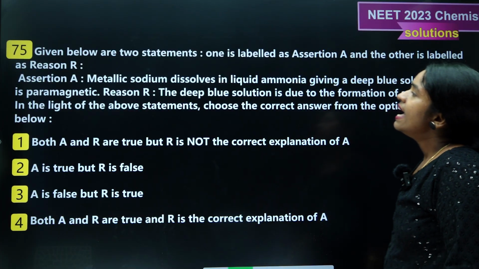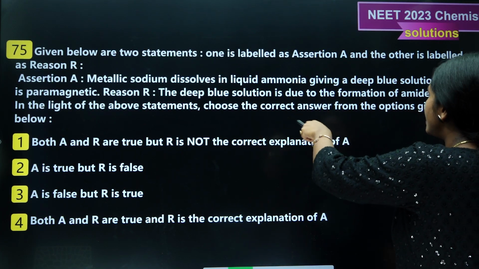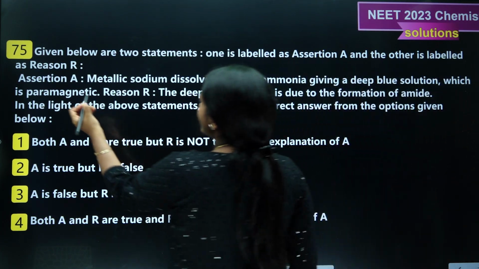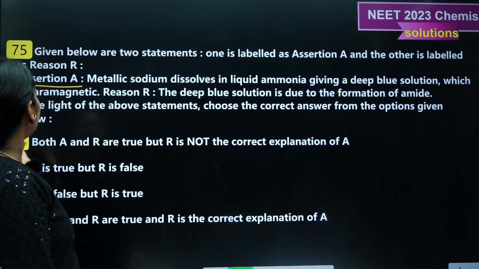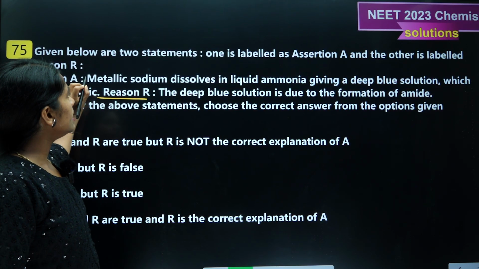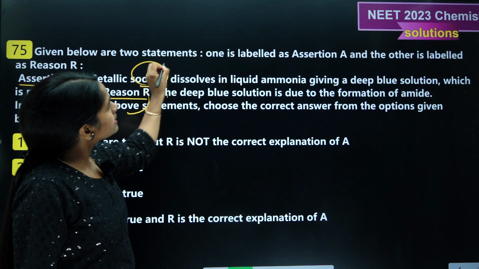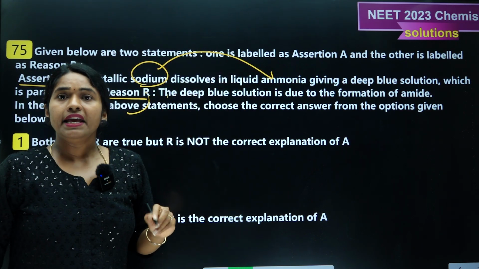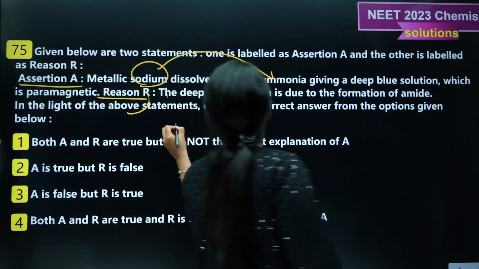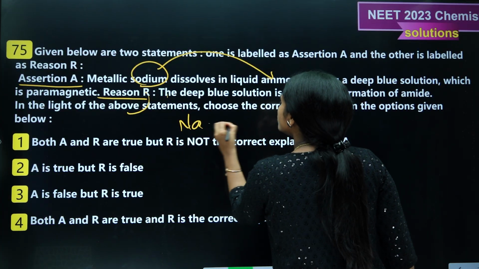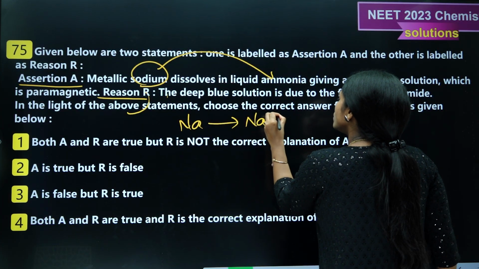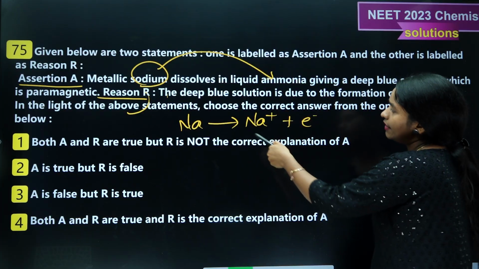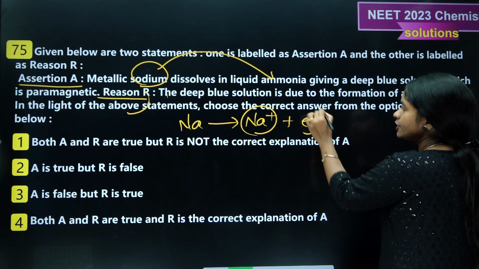See the next one. Given below are two statements. What are those two statements? Assertion and reason. The assertion is sodium dissolves in liquid ammonia. If sodium dissolves in liquid ammonia, what will we get, students? Sodium loses one electron and converts into Na plus and an electron.